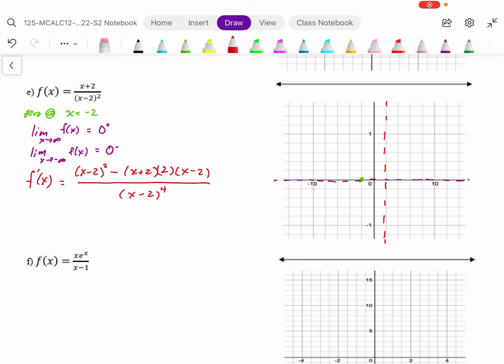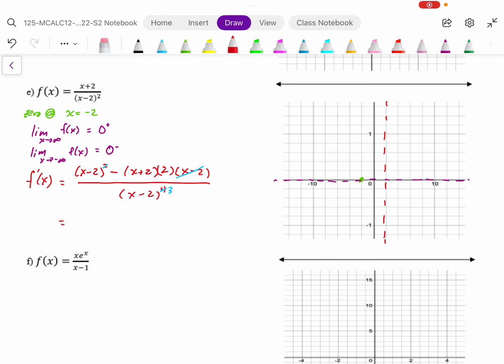Now, when we simplify these things, we want to be aware of some shortcuts that can help simplify these expressions. I have a common factor of x minus 2. I have one here, I have one here, and I have one here. That allows me to simplify the numerator much easier than expanding this all out, combining like terms, and then having to refactor it again to get that common factor out.